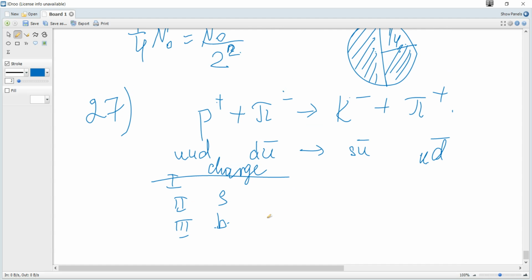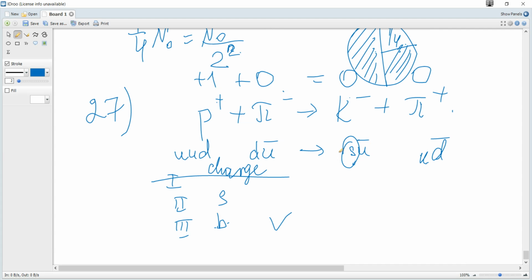But let's check. Baryon number: the proton is a baryon, so baryon number is plus 1, the pion is not a baryon, so 0, the kaon is not a baryon, the pion is not a baryon, so total is 0 and plus 1 is not equal to 0, so conservation of baryon number is violated. And strangeness: there is only one strange quark here, and strangeness before is 0, after is -1.